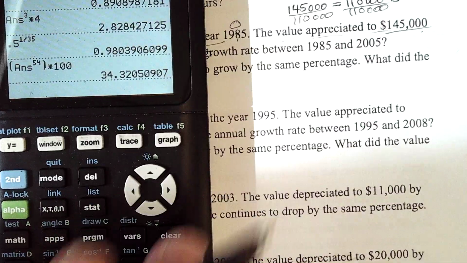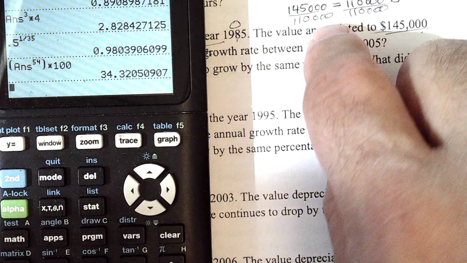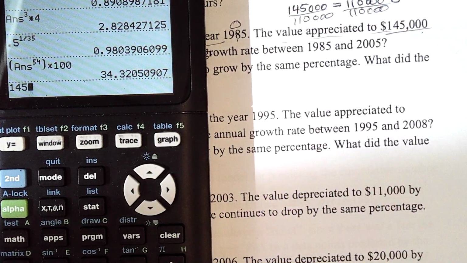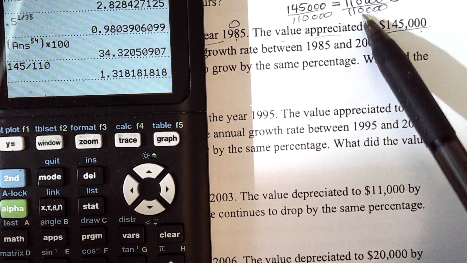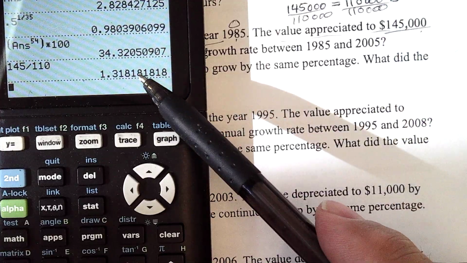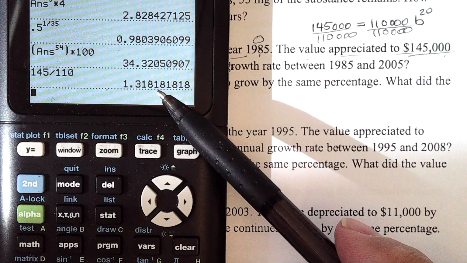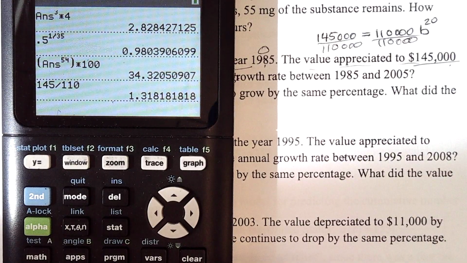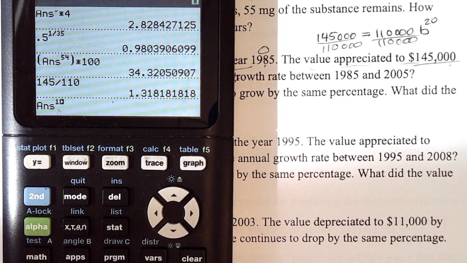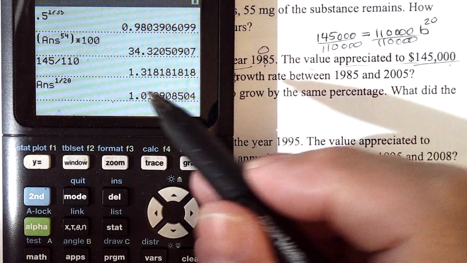And I get, since the zeros will all cancel, 145 divided by 110. The base to the 20th power is this. So to get rid of the 20th power, I'm going to take this to the 1/20th. And that's my base.